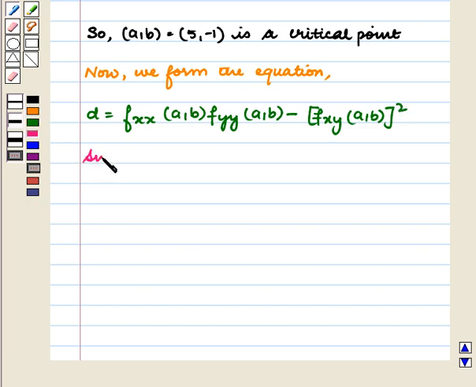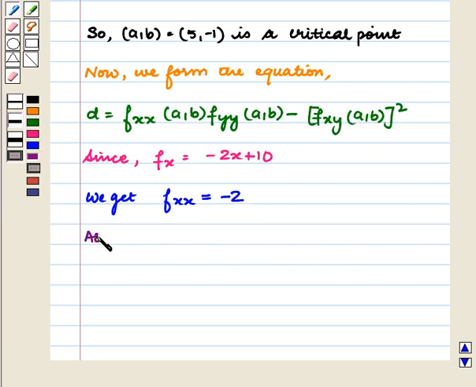Now since f sub x is equal to minus 2x plus 10, differentiating again partially with respect to x, treating y as constant, we get f sub double x will be equal to minus 2.